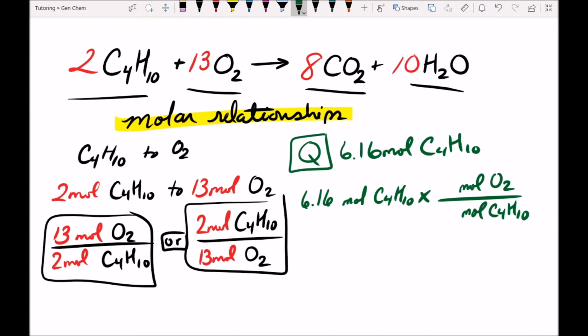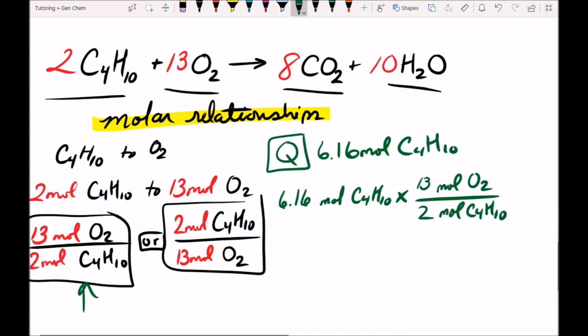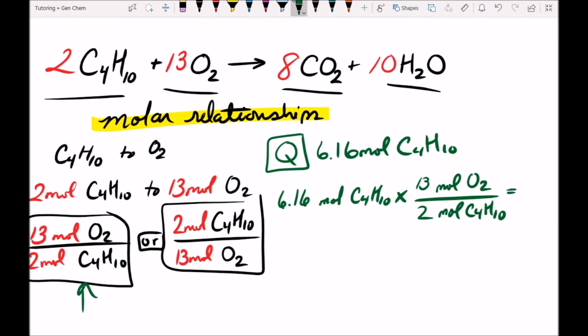And like we said earlier, moles of oxygen to moles of butane is 13 to 2. We have that relationship right here. So 13 moles of oxygen for every 2 moles of butane. That gives us 40.0 moles of oxygen.